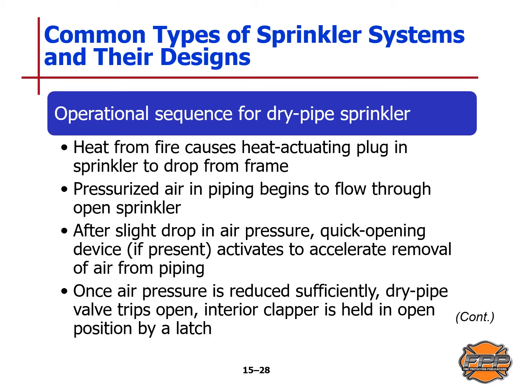The operational sequence for a dry pipe sprinkler means that heat from the fire causes the heat actuating plug in the sprinkler to drop from the frame. Pressurized air in the piping begins to flow through the open sprinkler.